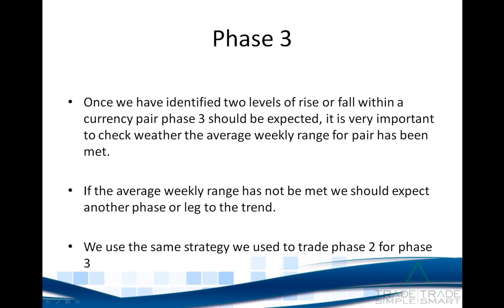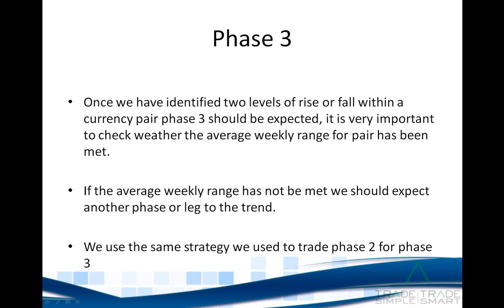Now, in terms of trading phase 3, we're going to be using the same strategy that we used to trade phase 2. So there's no difference in the way we're going to identify levels.